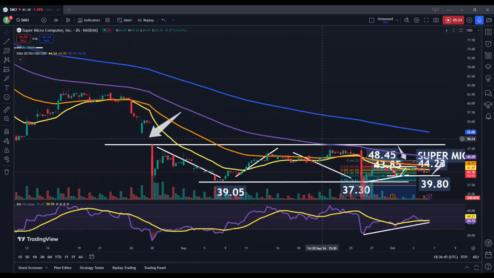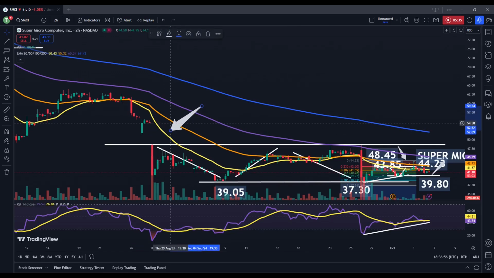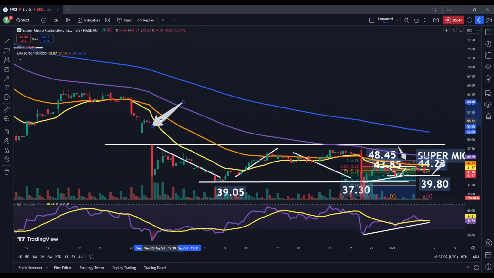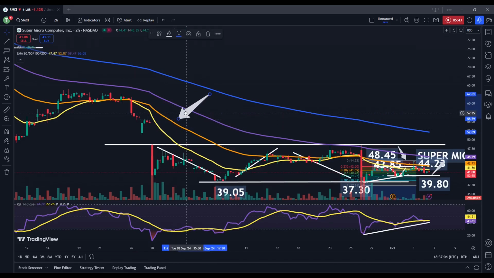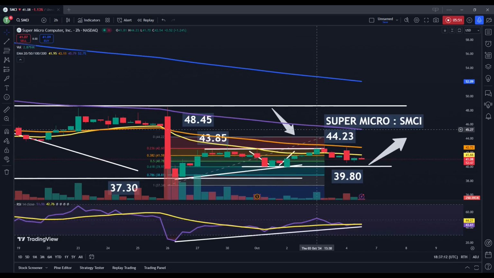So if we could break above here, I think you would have a fairly easy time moving back above that $50 level, because this price gap extends all the way to almost $55. This is 55.60. So you could get a fair bit of upside here. That's over a 10% price move, and that could happen in a fairly short amount of time, but you would want that to happen relatively quickly in order for that type of activity to take place.